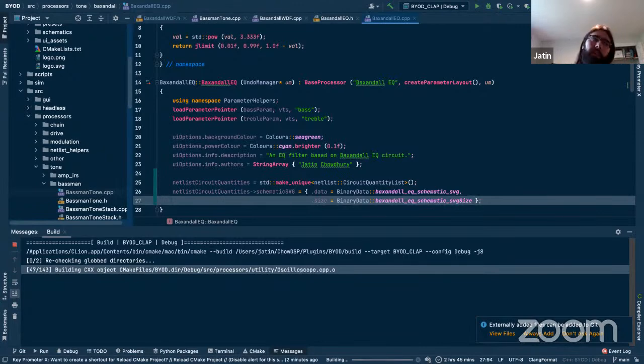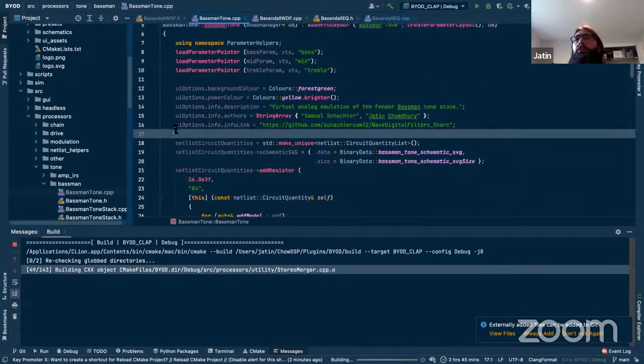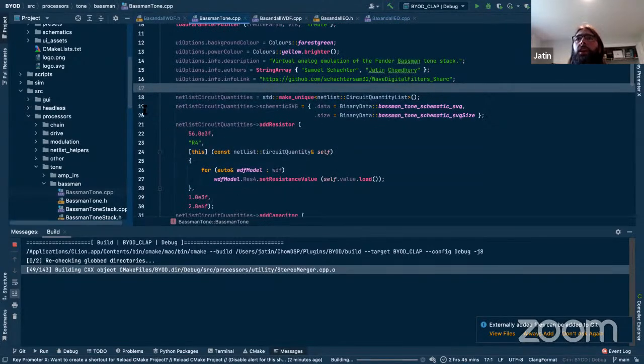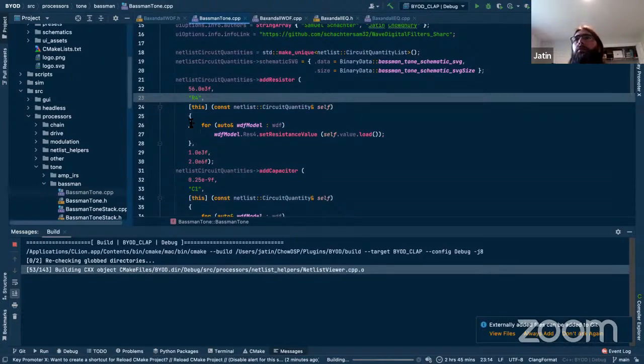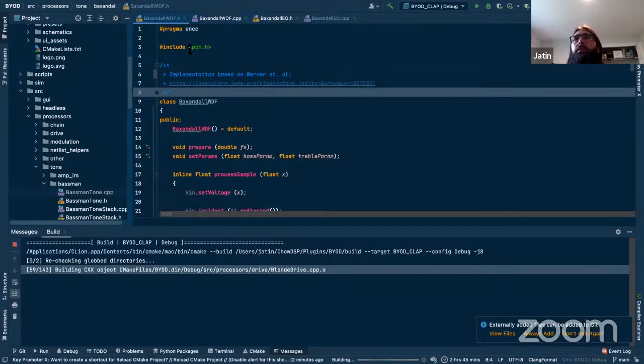Cool. Yeah, and so then we would add all of the circuit components that we want the user to be able to edit. So, for example, this is how we would add a resistor. This is how we would add a capacitor, and so on. And so we can start doing that, but I'll give it a second here for the compiler to catch up.